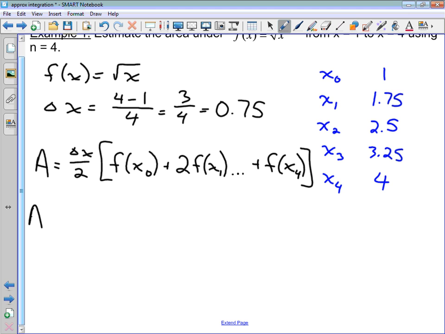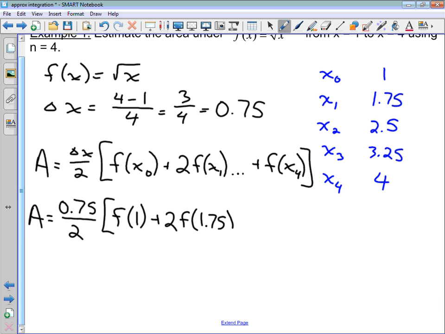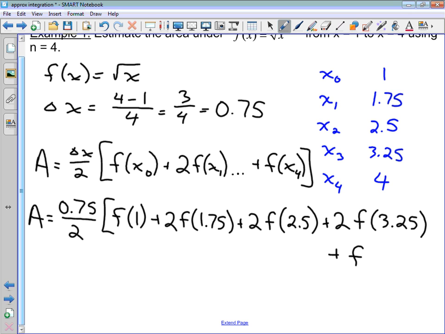So let's write what this is by putting in the values that we know. We know our delta x is 0.75. Okay, f at x naught is going to be f at 1. We're going to have 2 f at 1.75 plus 2 f at 2.5 plus 2 times f at 3.25, again, plus f at 4.